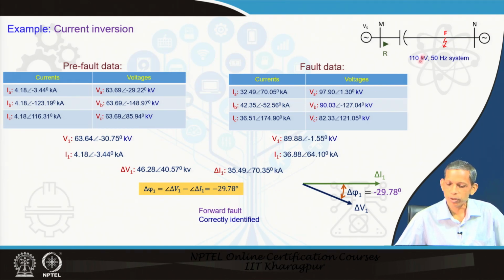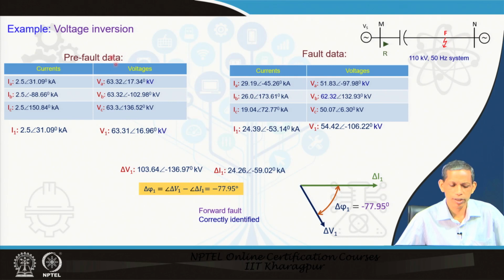It means that the fault is a forward fault and the Poetis-Hughes superimposed component approach correctly identified the fault. We justified that in an earlier slide, because the approach sees the source side impedance angle, and therefore it does not have a problem even in the presence of the capacitor.